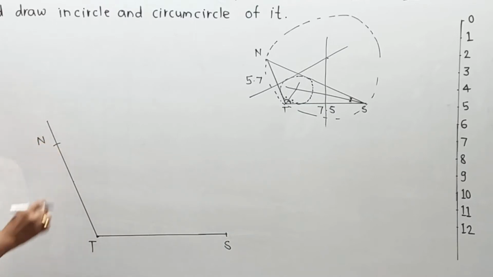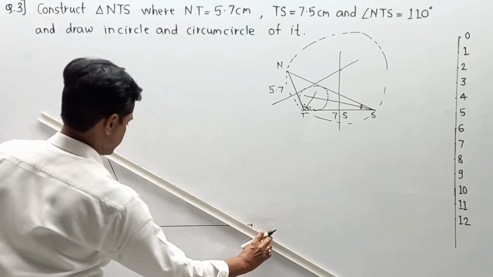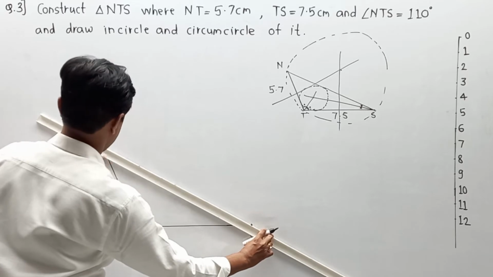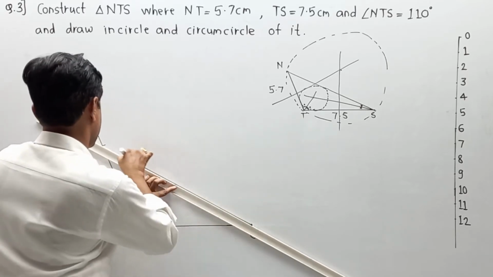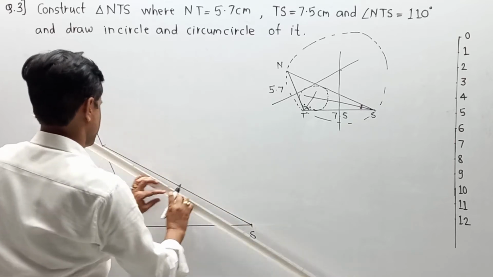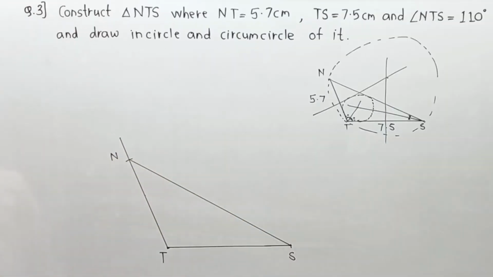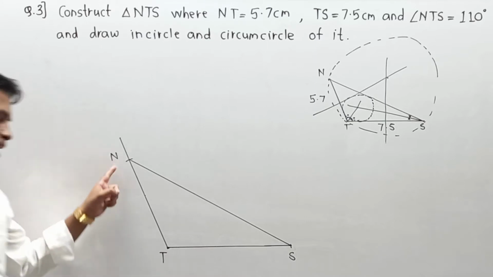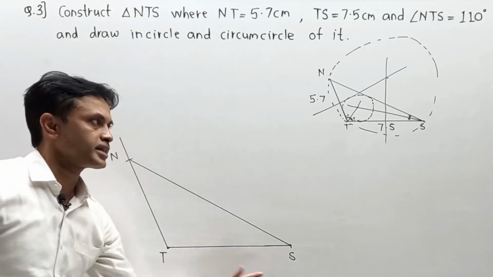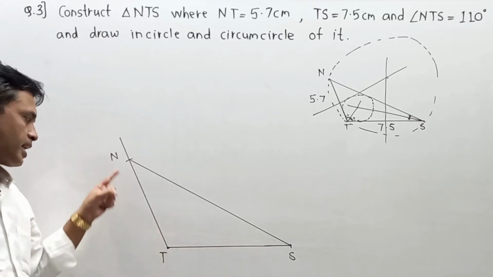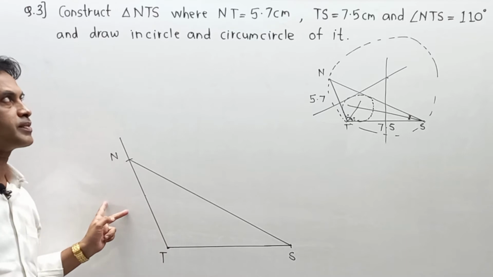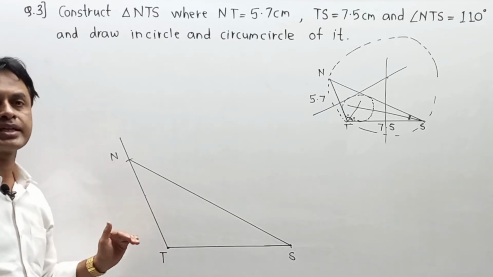So here is the position of N, and now I am going to join N with S. And this is our respective triangle NTS, where TS is 7.5 centimeter, angle T is 110 degree, and NT is 5.7 centimeter. This basic diagram is completed.